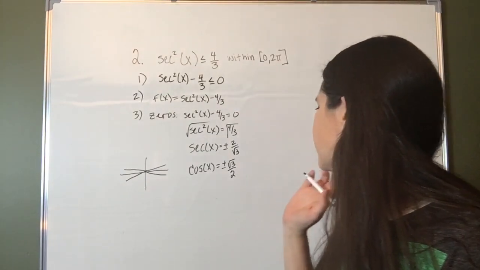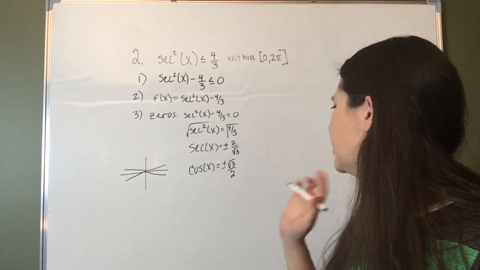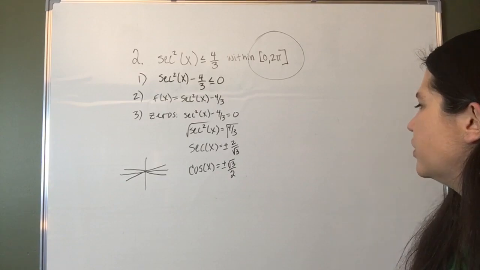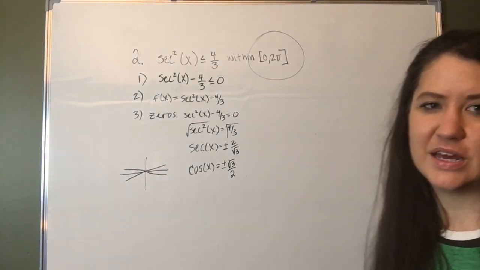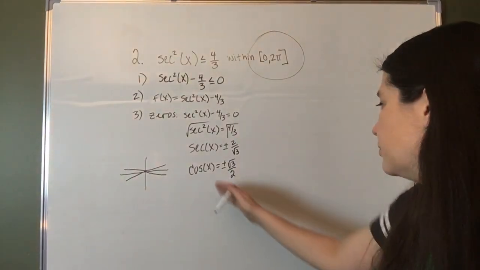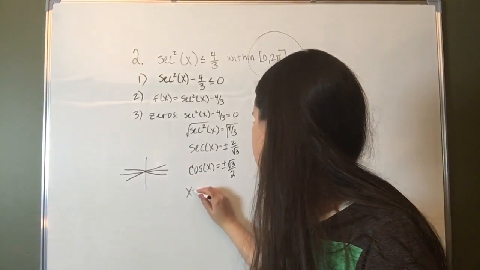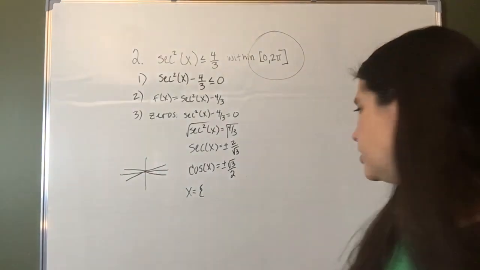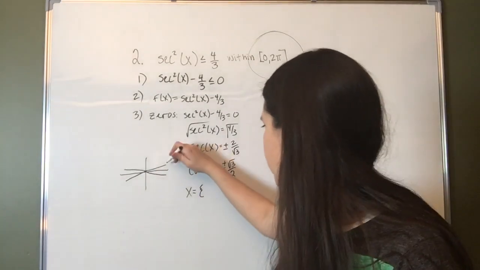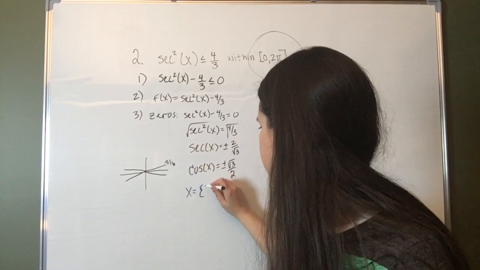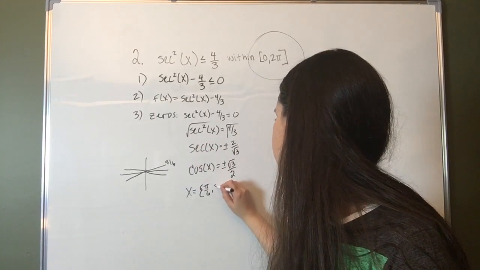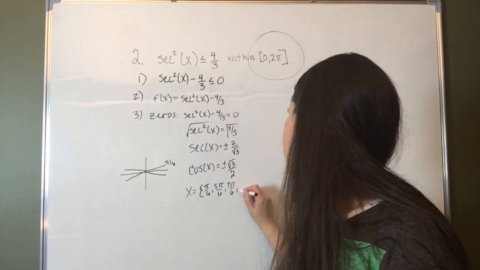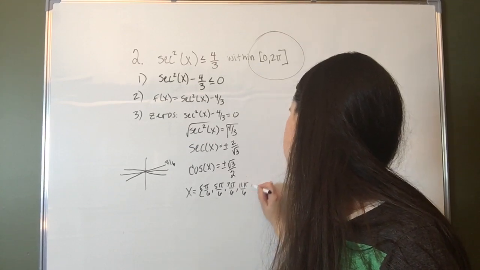Well, since we only care about this interval, I'm not even going to worry about writing it with k's for this problem, because I'm solving for x directly right here. So we can just put the solutions down. We have those 4 solutions where I started to draw them out where they were located on the unit circle, right? Pi over 6, 5 pi over 6, 7 pi over 6, and 11 pi over 6.